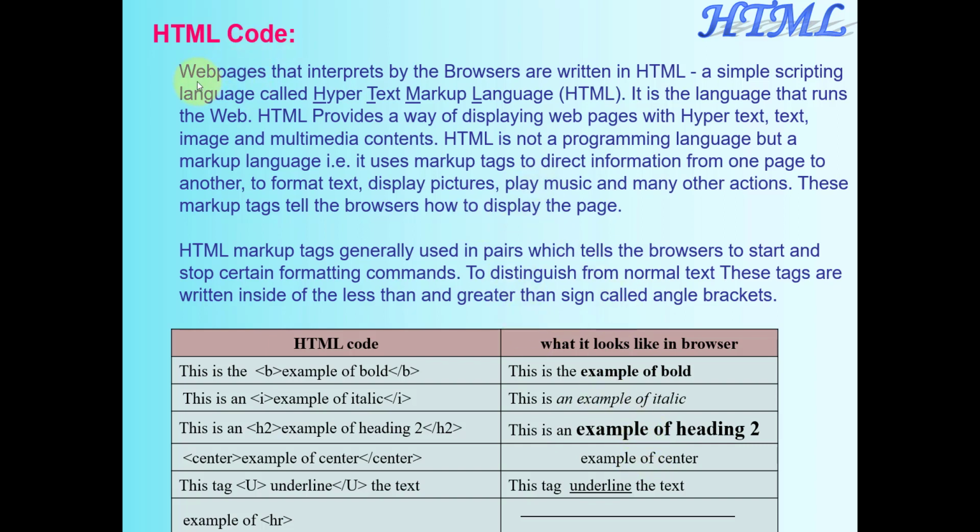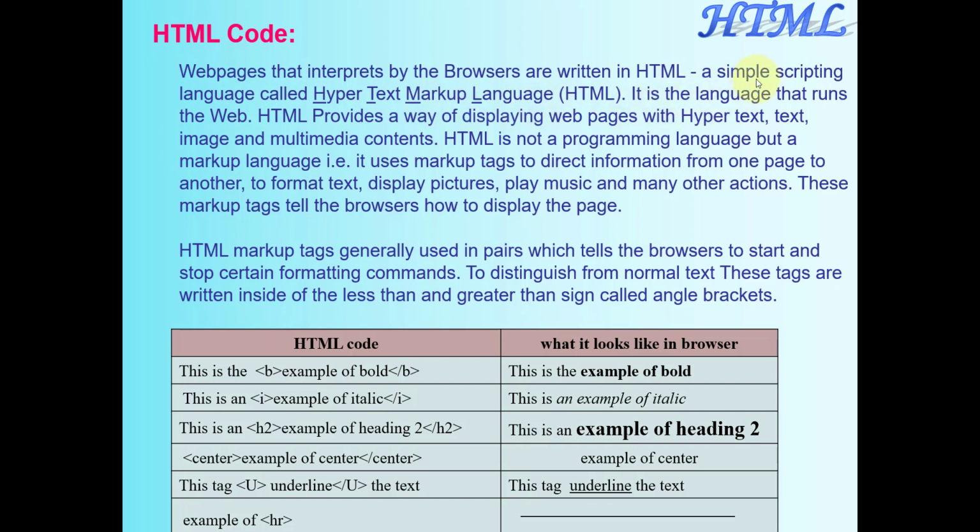The definition of HTML is that web pages interpreted by the browser are written in HTML. So all web pages in the browser are written in HTML. HTML is a simple scripting language called Hyper Text Markup Language.